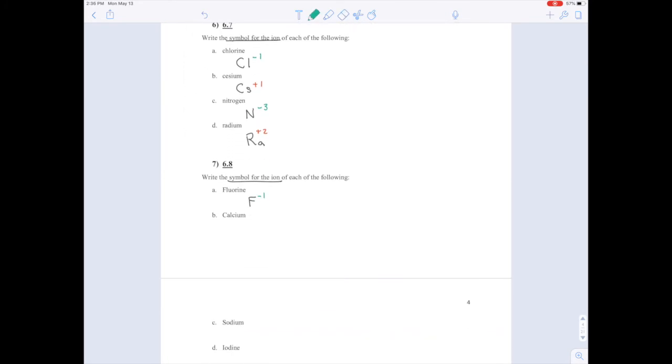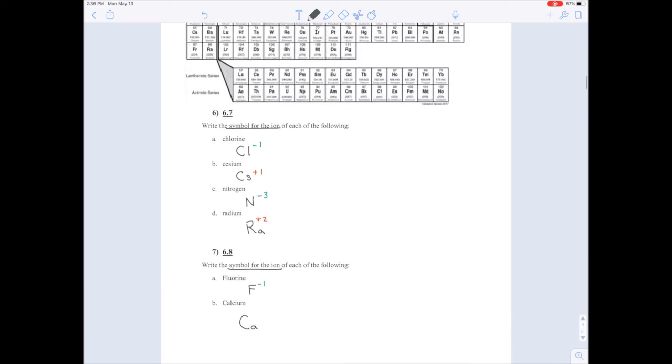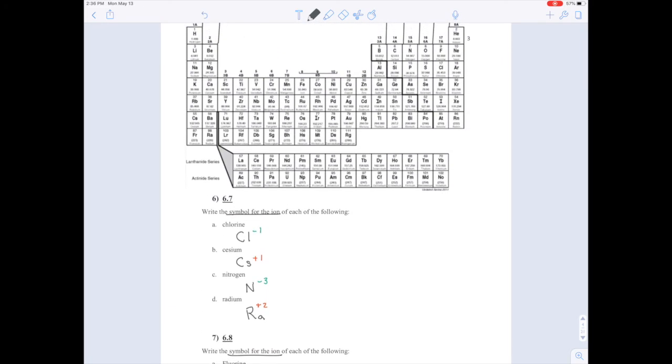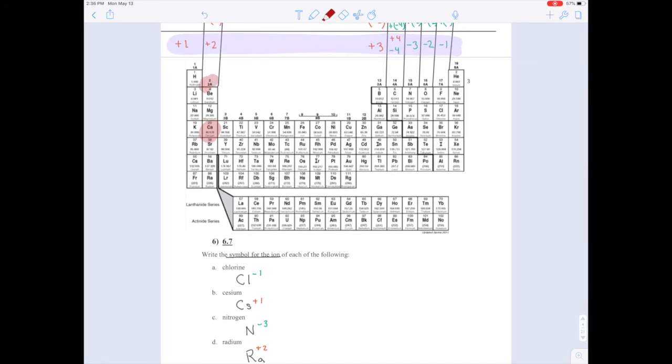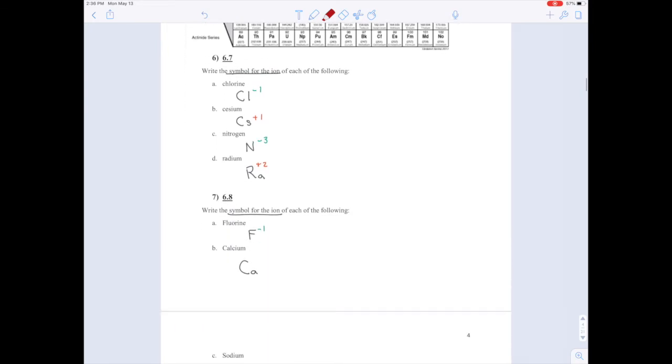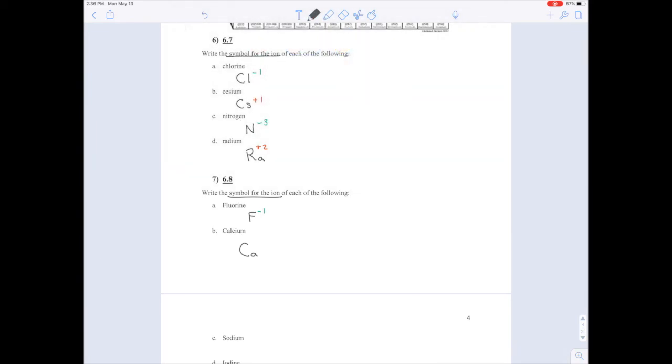Okay, next one, calcium. Calcium, the symbol is Ca. You can see that that is over here. Oops, that's cesium. Calcium is right here. It's in group 2A, and because it's in group 2A, we know that it has a +2 charge. So we can take that calcium and write a +2 in the top right.